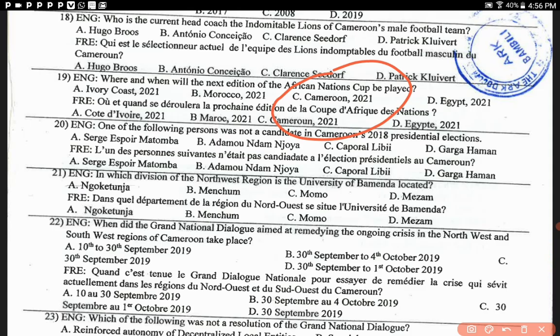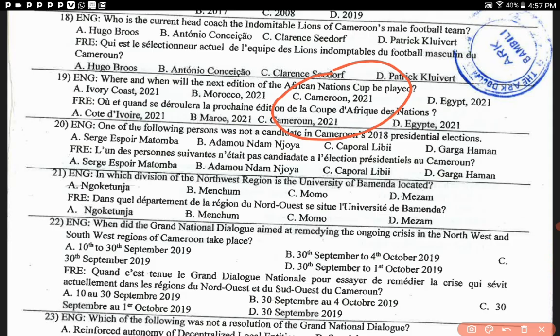Question 20. The question reads, one of the following persons was not a candidate in Cameroon's 2018 presidential election. So we have Serge Espoir Matomba, Adamu Ndamjoya, Caporal Libil, and then Haga Haman.